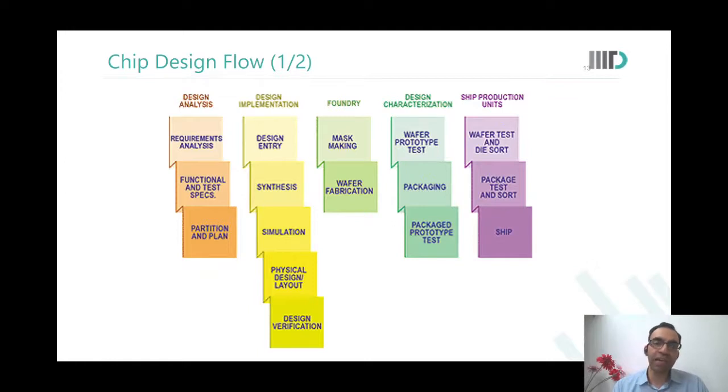So in the design implementation stage, we first do the design entry. Now I know that my team is to develop that face recognition hardware. The sensors will give me some data, and I have to now design the hardware which would do the calculations to ensure that face recognition happens accurately. So I do the design entry. I make it in RTL or something like that. After the design entry, I synthesize it.